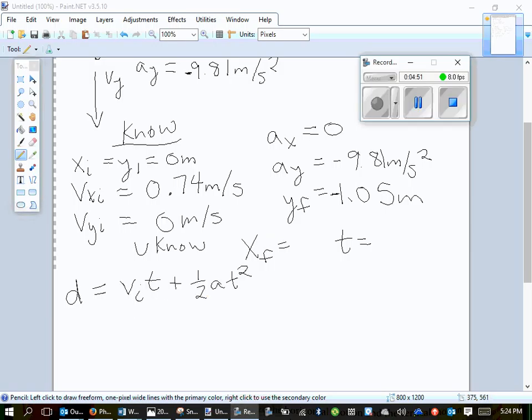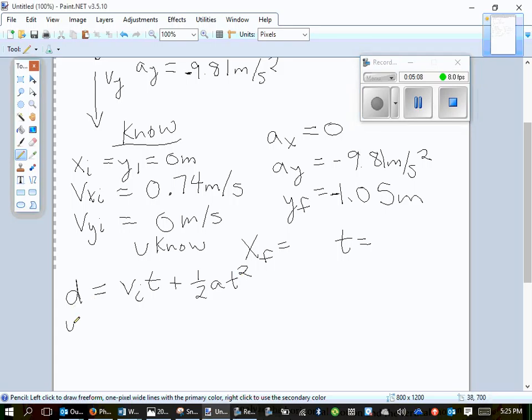Sorry, I had that formula wrong. It was displacement equals v initial times time plus 1/2 a t squared. We're doing this all in the y direction.